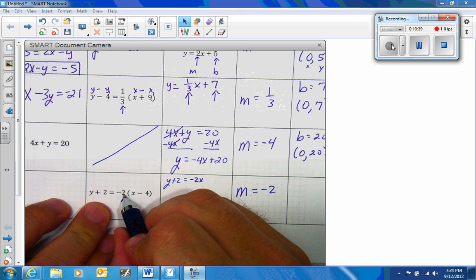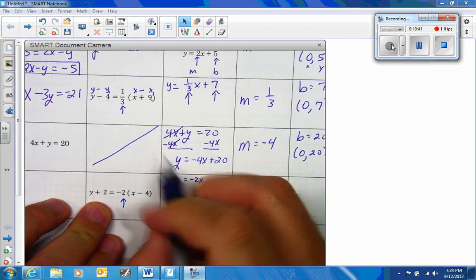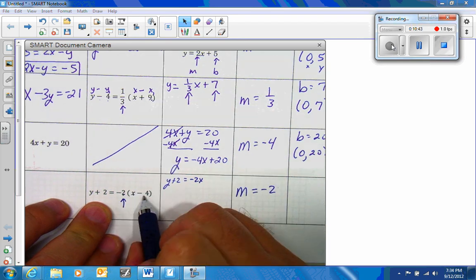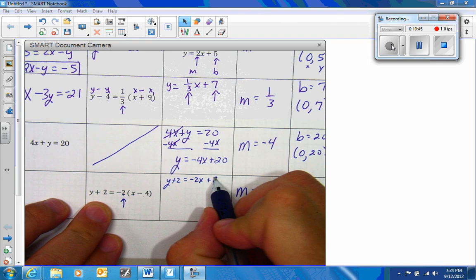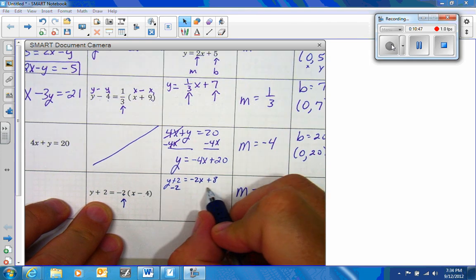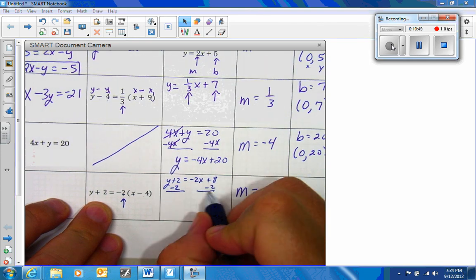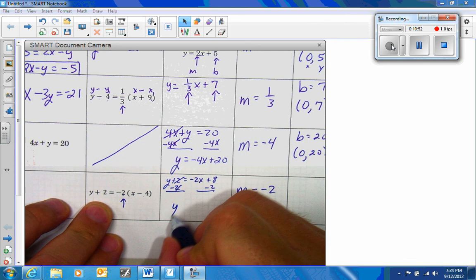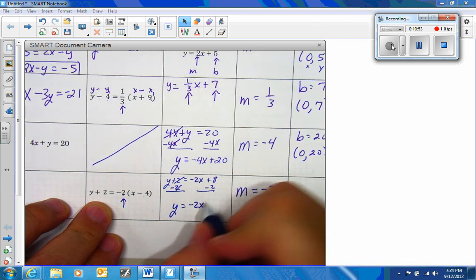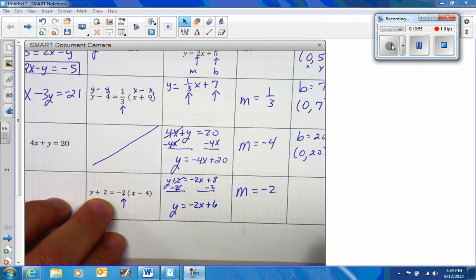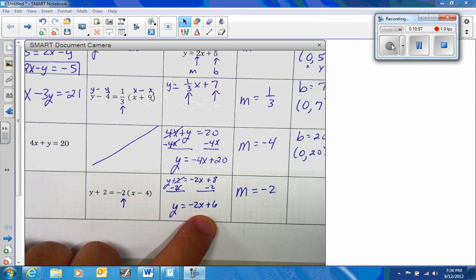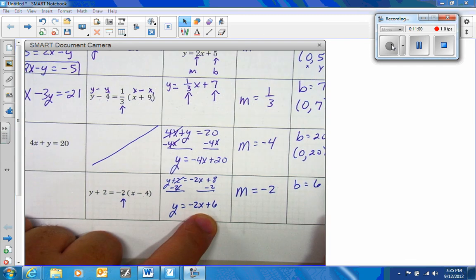Now remember, negative 2 times x is negative 2x. Negative 2 times negative 4 is positive 8. I then can subtract 2 from both sides. And notice I get y equals negative 2x plus 6. Therefore, my y-intercept is positive 6, and the coordinate point is (0, 6).